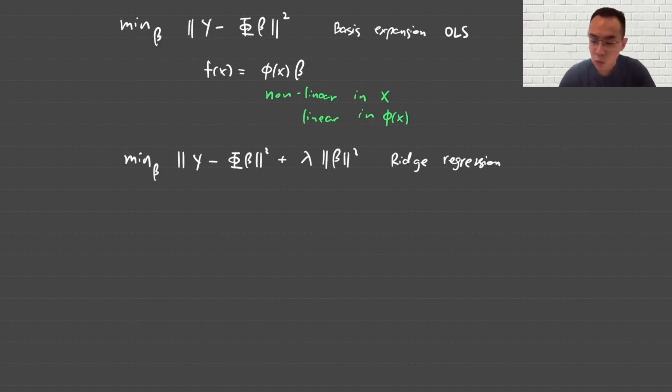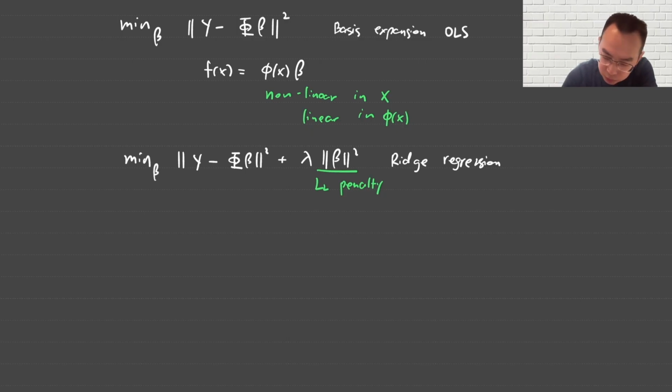So we are adding one more term to it, right? So this beta, the 2-norm of this is called the L2 penalty. The ridge regression is also just a common technique, a common method in statistics and machine learning to reduce the variance of the estimator. We also see that along the way, in our kernel trick derivation. So now let's just solve this problem. To solve this, we're just going to take the derivative.